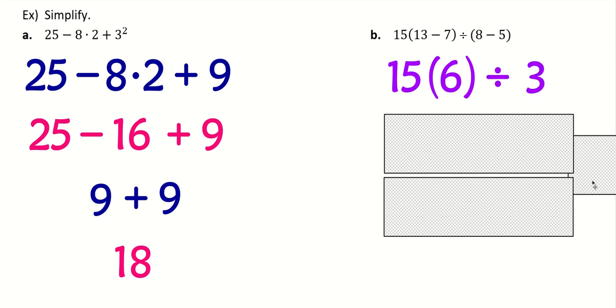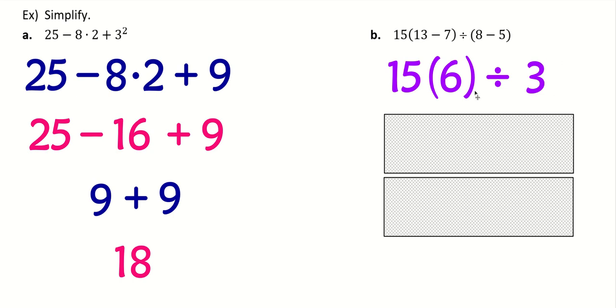8 minus 5, I'm sure I did that in the same step. 8 minus 5 is 3. If you want to keep the 3 in parentheses for a second, nothing wrong with that, but I don't see any real reason that you would need to keep writing the parentheses around the 3.